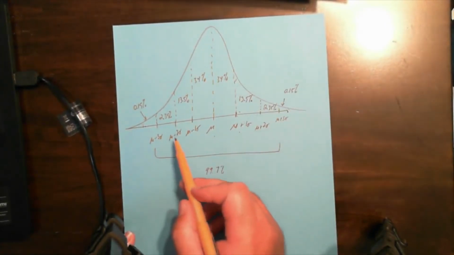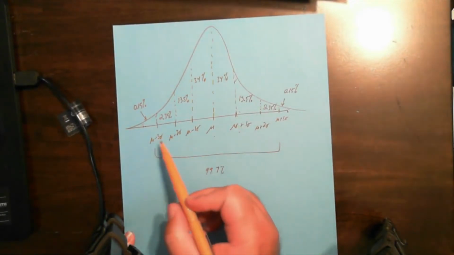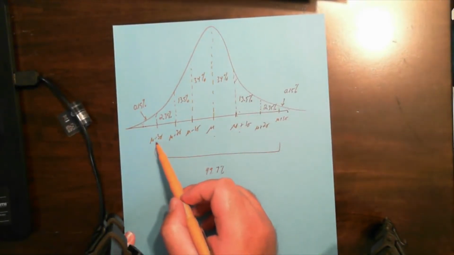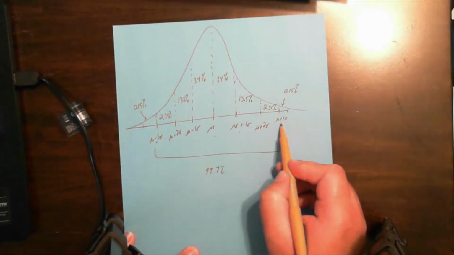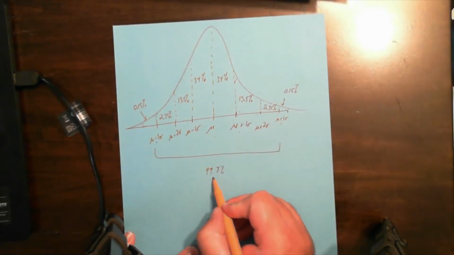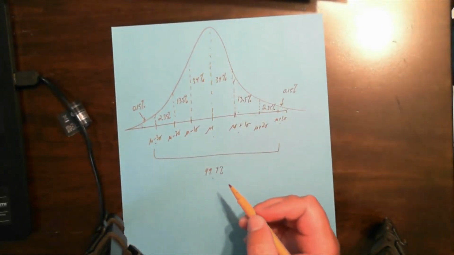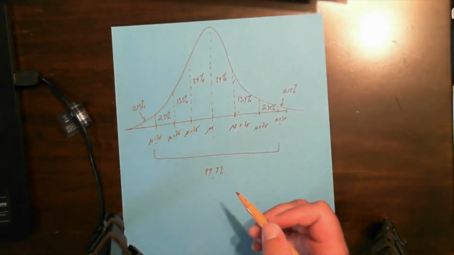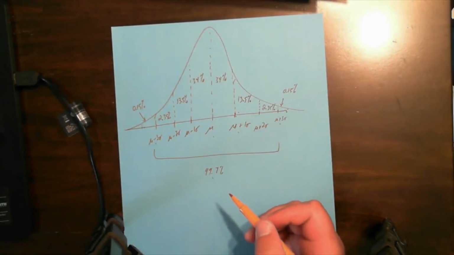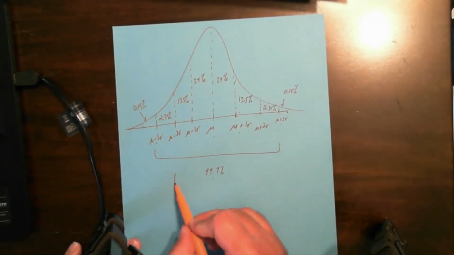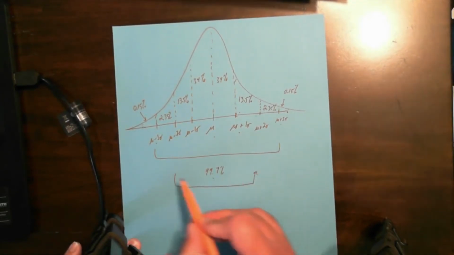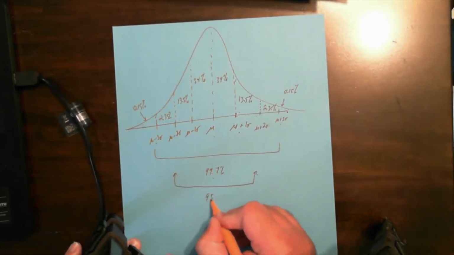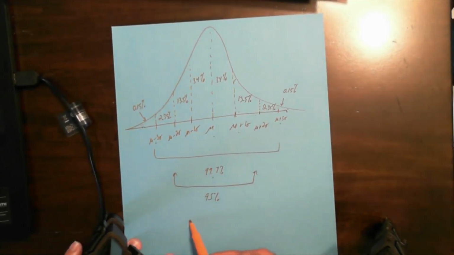So within 3 standard deviations of the mean, that means between 3 standard deviations below the mean and 3 standard deviations above the mean, I have 99.7% of the data. Okay? You might also notice that if you look at page 278, they show you that within 2 standard deviations of the mean, you've got 95% of the data, and within 1 standard deviation, you've got 68% of the data.